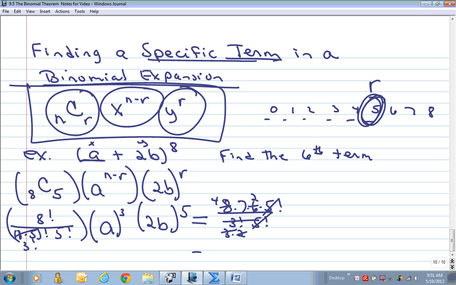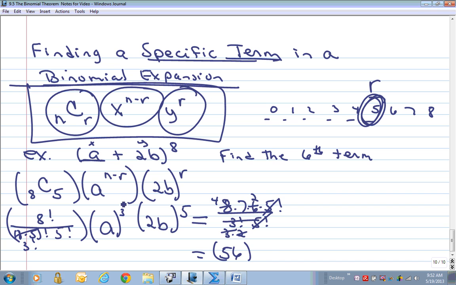So that's going to get us 4 times 2 times 7, which is 4 times 7 times 2. 4 times 7 is 28, and 28 times 2 is 56. Okay, so that's the binomial coefficient in the front.